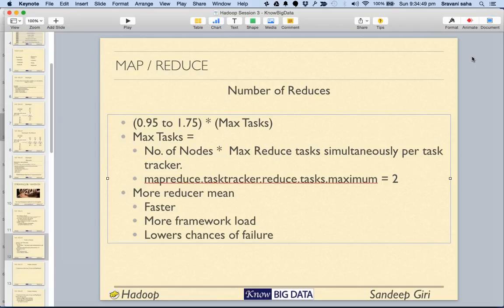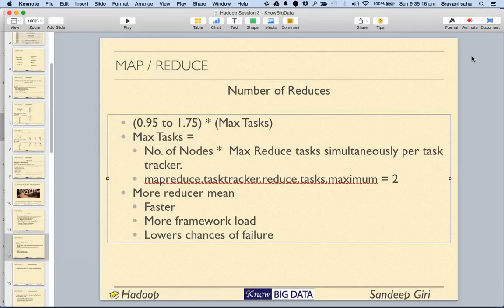So if you have 10 nodes in your cluster, by default it can execute a maximum of 20 tasks in parallel. You multiply 20 by a number you choose between 0.95 and 1.75, and that will be your number of reducers, because the number of reducers has to be specified by you.